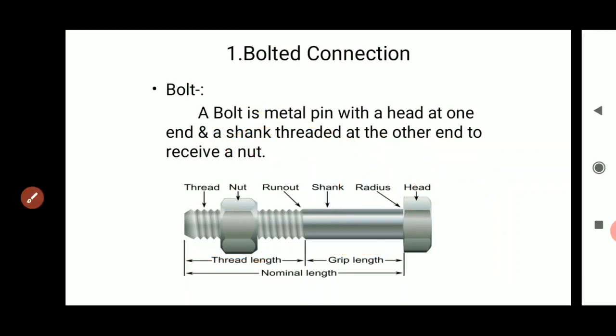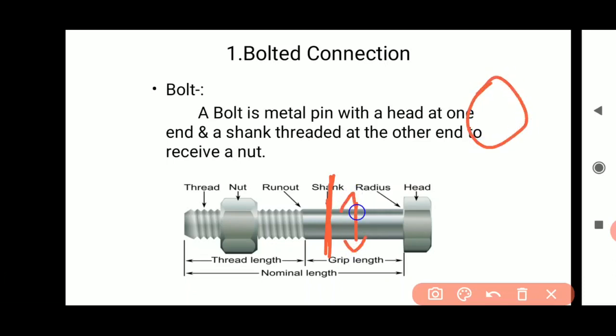The cross section of the shank part means if we cut the bolt here or anywhere at the shank part, we can see that the cross section is circular.